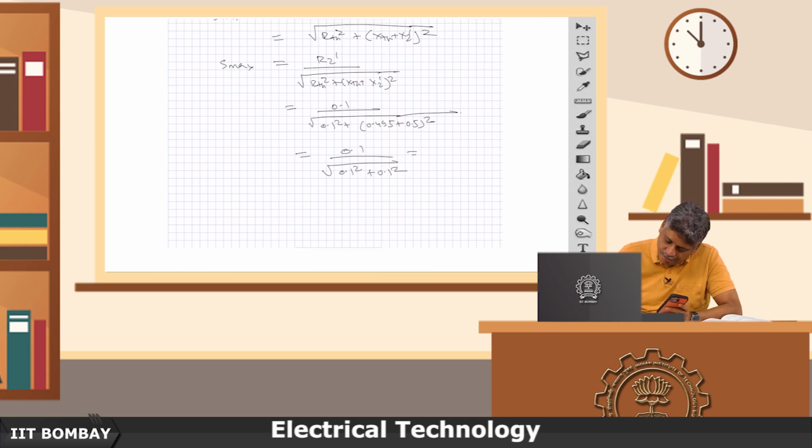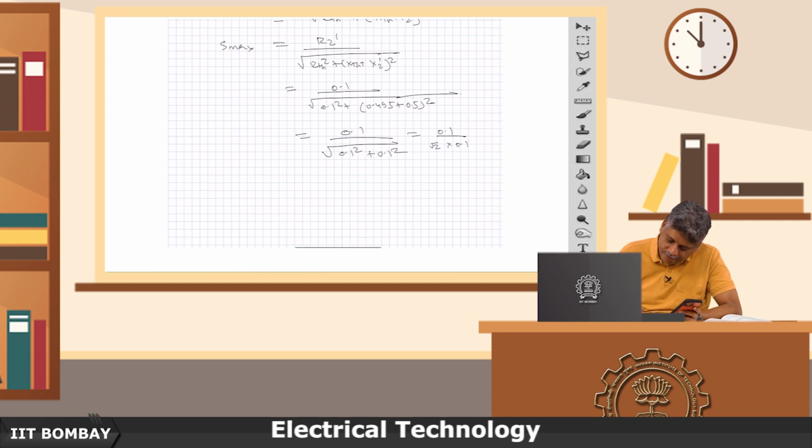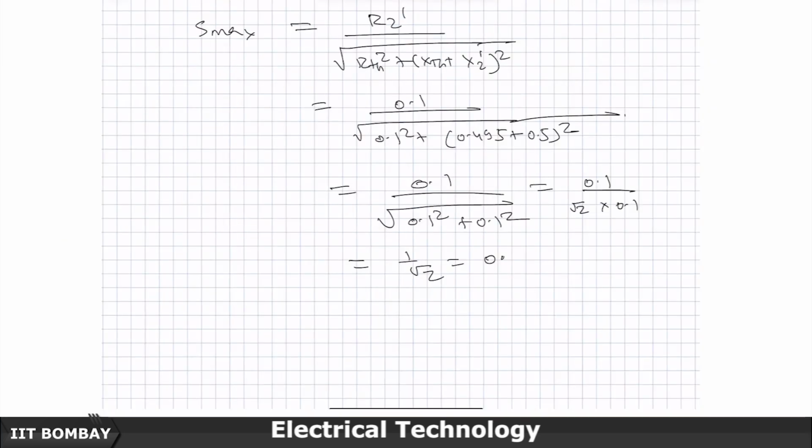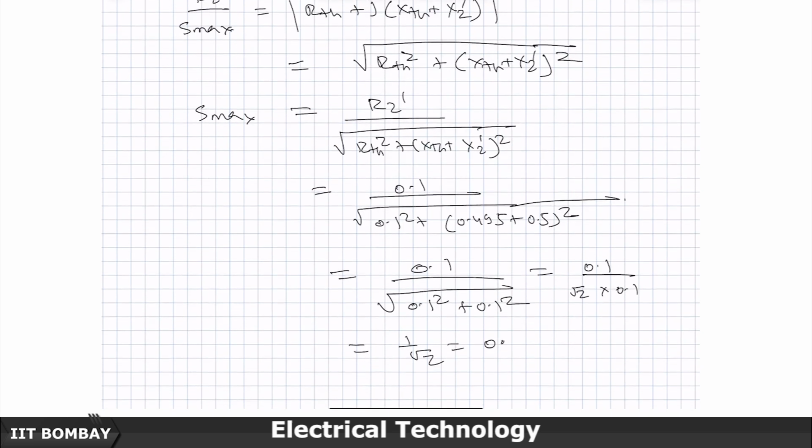So, it is 0.1 divided by under root of 2 into 0.1, which would come out to be so the S max will come out to be 1 by root 2, which is coming out to be the point I am sorry, I made one mistake, I am really sorry.